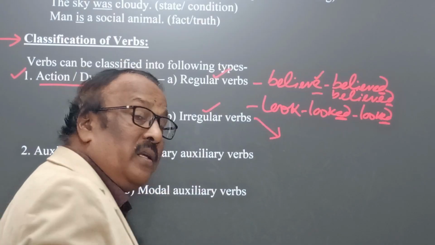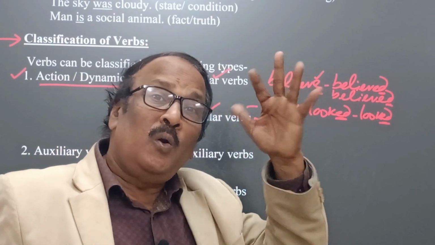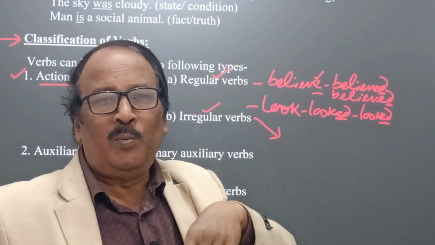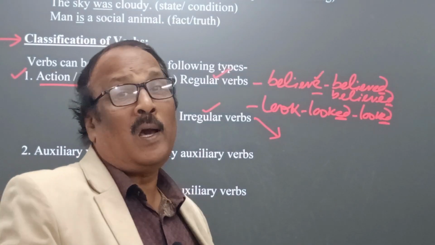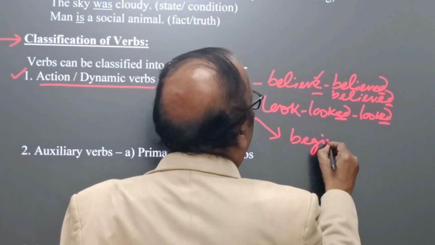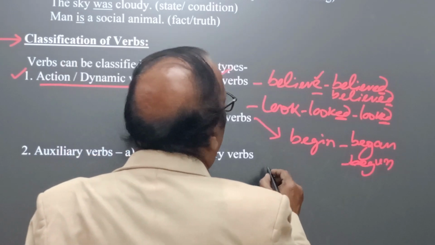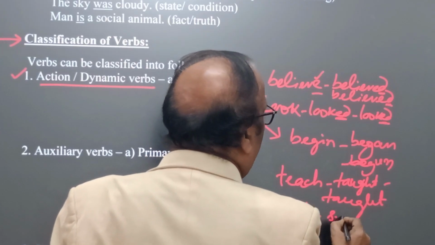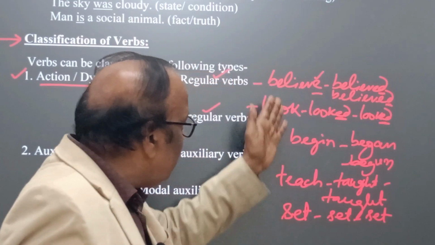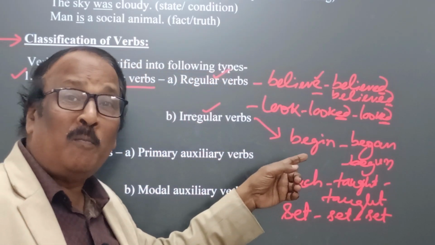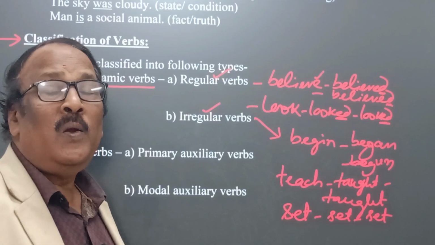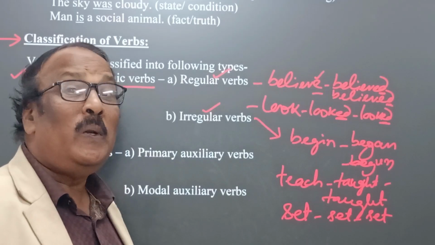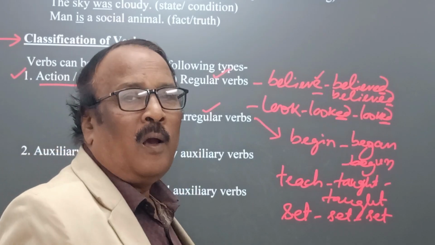Irregular action verbs: as these action verbs don't take the suffix d or ed in their past and past participle forms, they are called irregular verbs. For example, begin, began, begun. Similarly, teach, taught, taught. Set, set, set. These are irregular action verbs. They are used irregularly without taking d or ed in their past and past participle forms. We will discuss in detail in later classes.